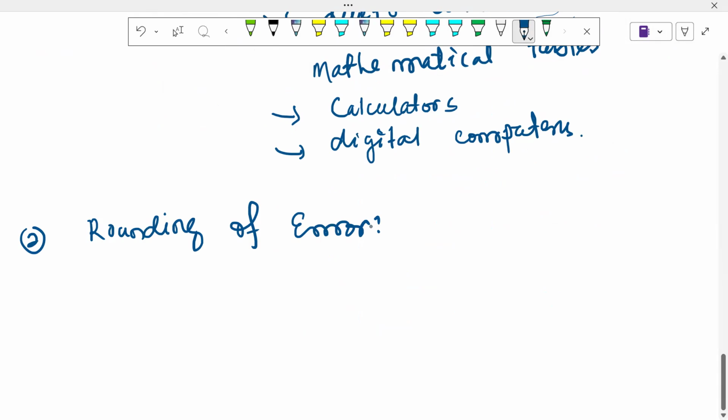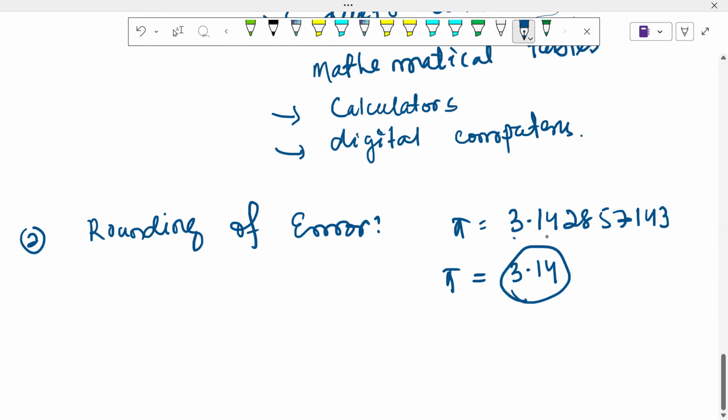This type of error arises from rounding of numbers during computation, due to the limitations of calculation. Suppose pi is equal to 3.142857, but we consider the value 3.1, taking the round off.